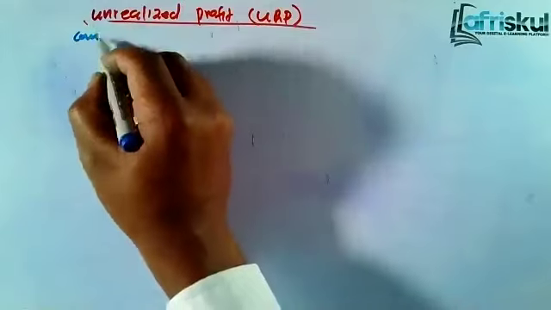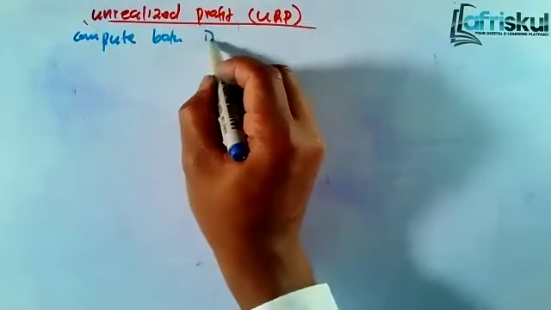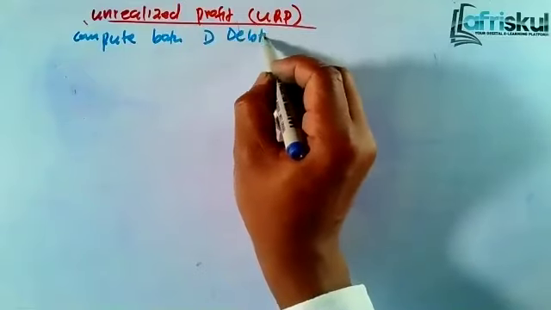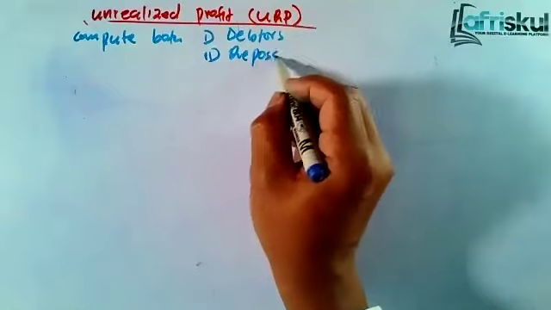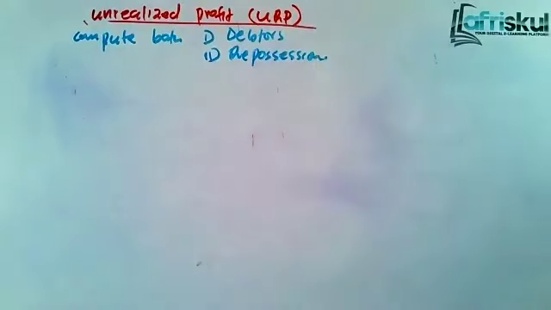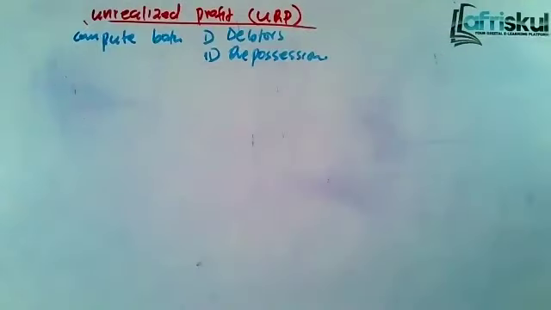For unrealized profit, we compute for both: one, for debtors, and number two, for repossession. Now we'll be computing the unrealized profit on debtors and on repossession.